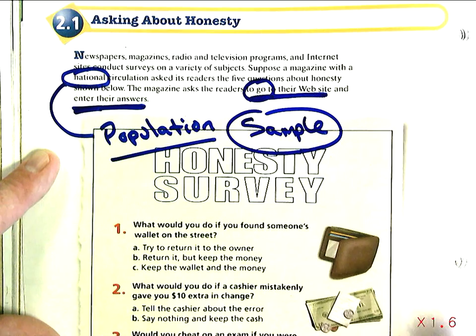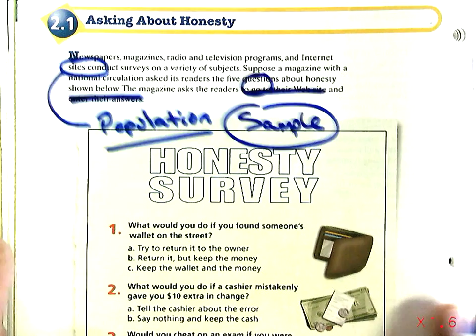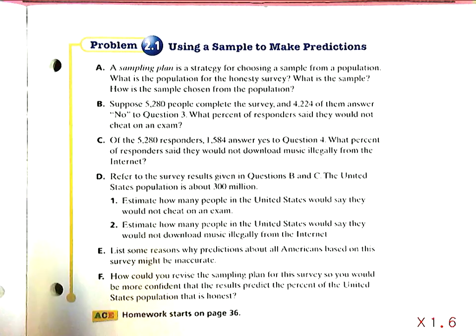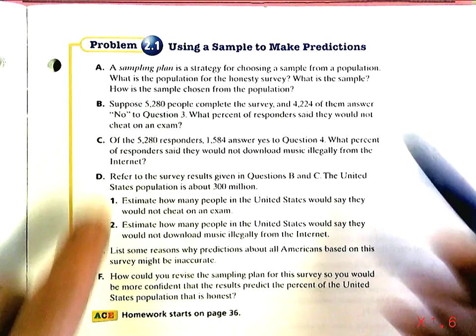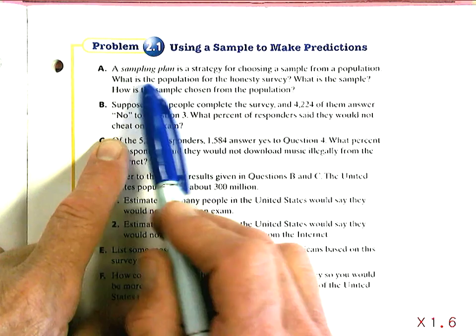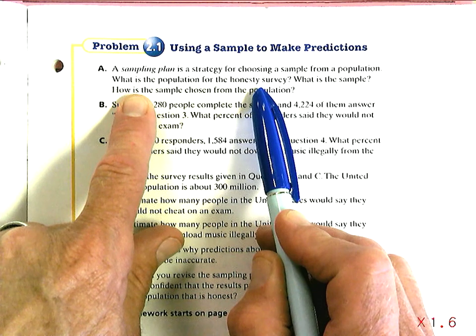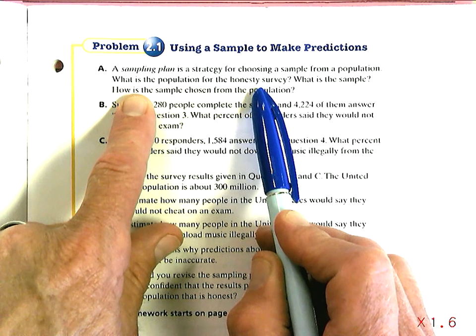And so if you think about this first question you're asked in the book, it says, a sampling plan is a strategy for choosing a sample of the population. So we've already talked about what is the population for the honesty survey. It's everybody in the United States that reads the magazine.